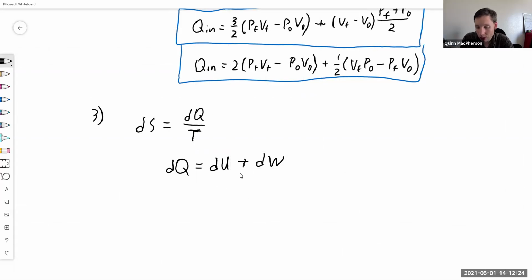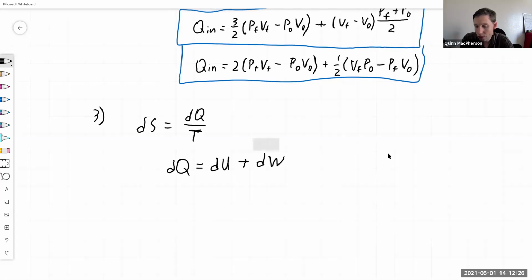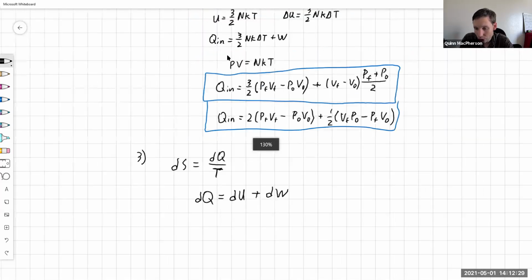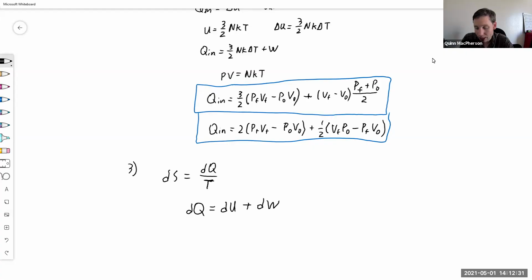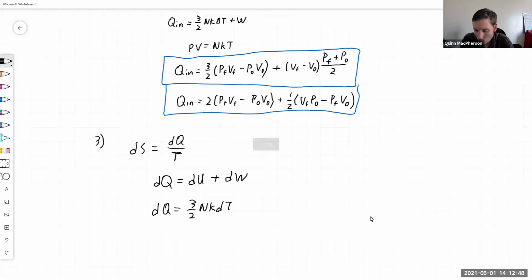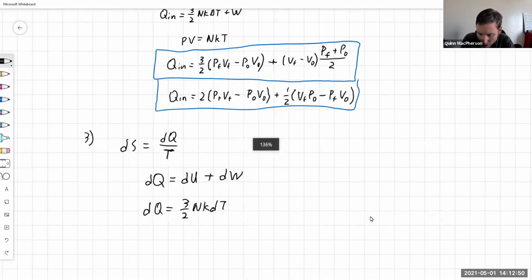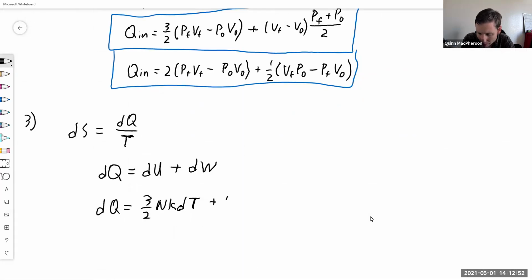We can deal with dU in the same way we did earlier. U is 3/2 NKT, so dU is 3/2 NK dT. N and k are constants, they just come out. Okay, well, that's kind of nice. And work is PdV. Remember, work is force times distance.